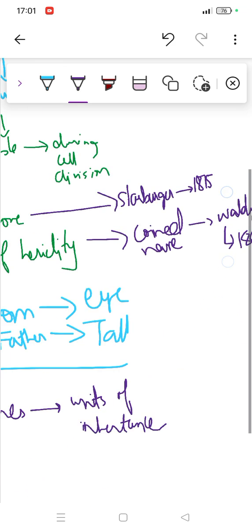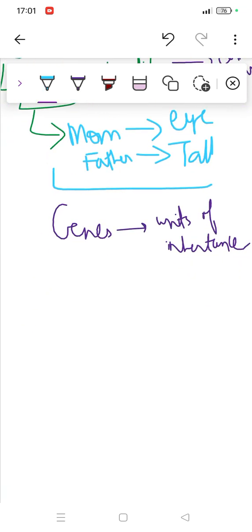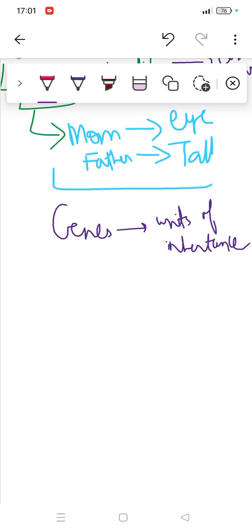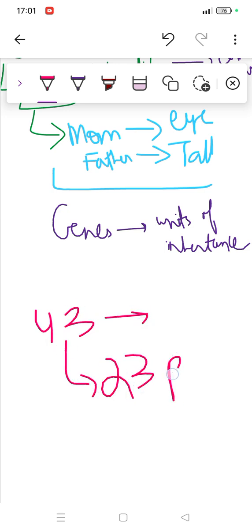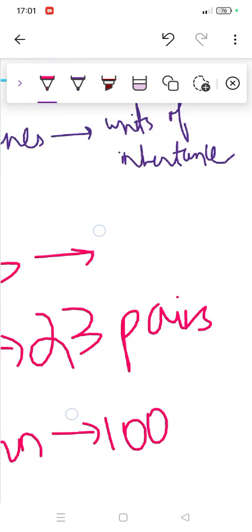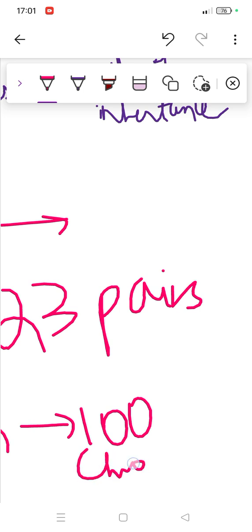The number of chromosomes can vary from organism to organism. In human beings we have 46, and when we talk about pairs, we have 23 pairs of chromosomes. In ferns, we have basically 100 chromosomes or more.